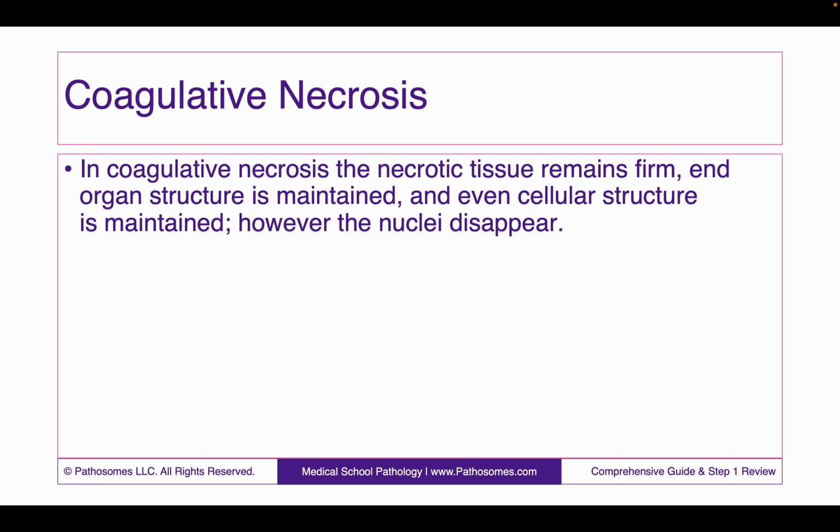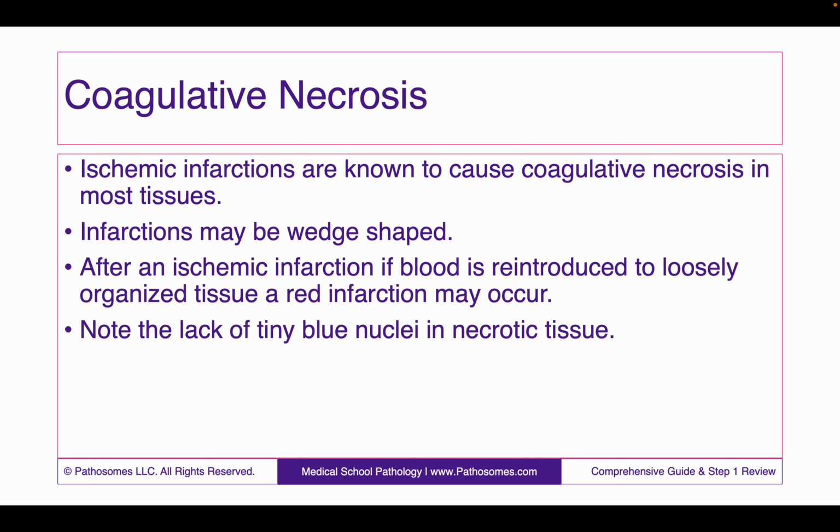Right now, actually. Now, in coagulative necrosis, the necrotic tissue remains firm, and organ structure is maintained, and even cellular structure is maintained. However, what disappears is the nuclei. In coagulative necrosis, the nuclei disappear. Ischemic infarctions are known to cause coagulative necrosis in most tissues.